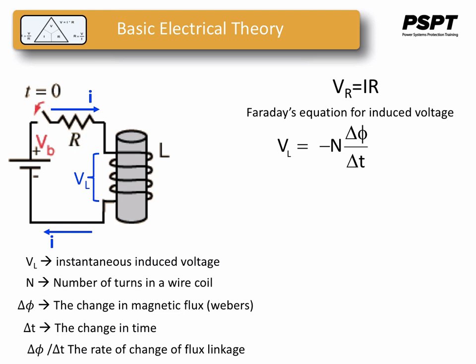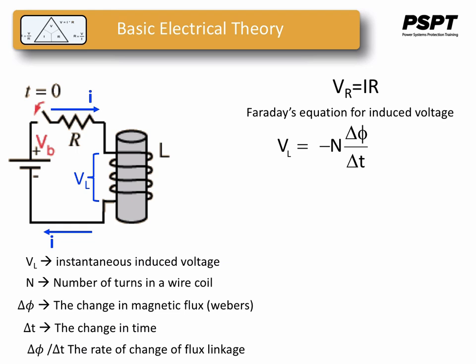The negative sign of the equation indicates that the induced EMF opposes the change in flux linkage. The flux is changing due to the changing current in the circuit itself. The produced flux due to a current in a circuit is always proportional to that current.